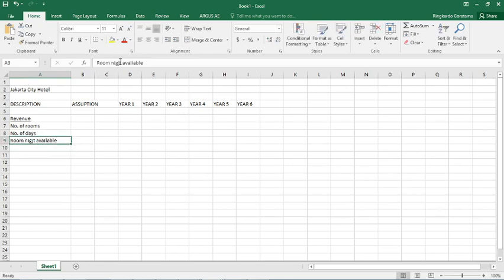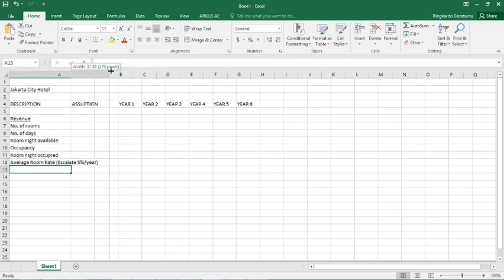Correct this one. The occupancy, the room nights occupied, and the average room rate. Let's say it will escalate 5% every year.